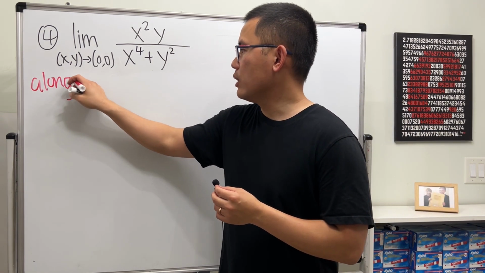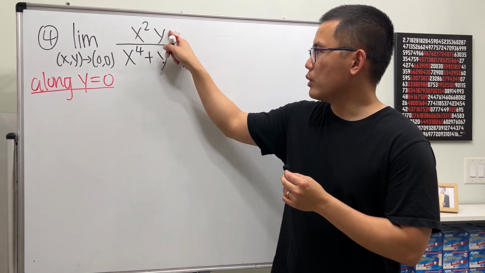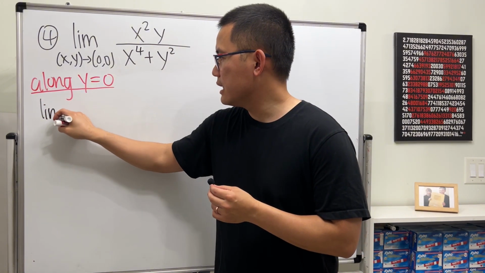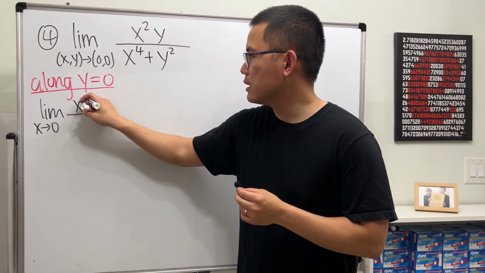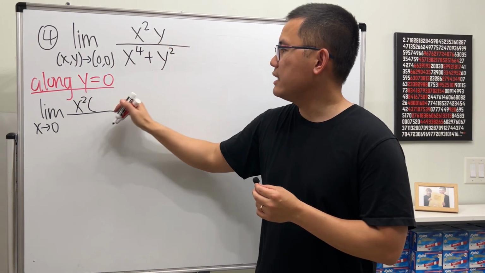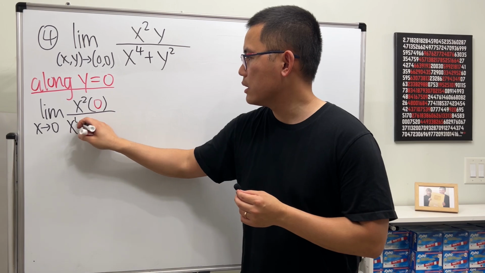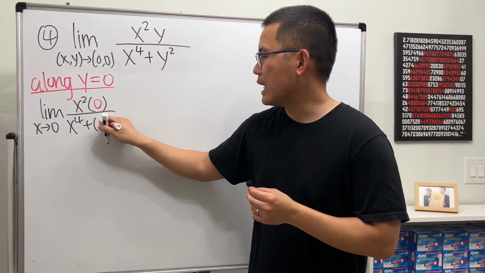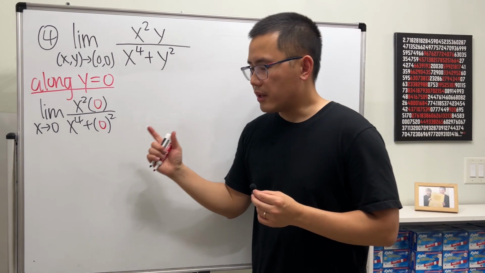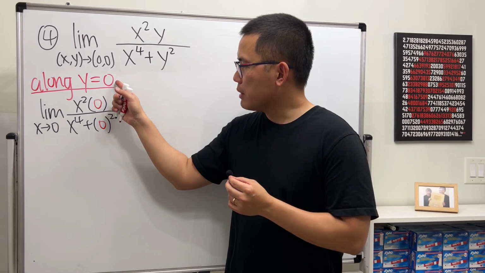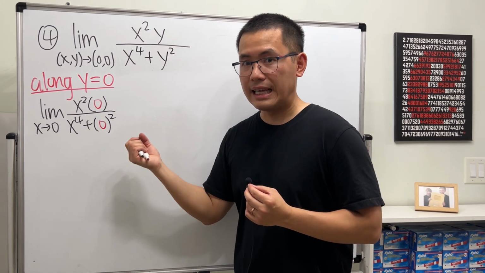First, let's go along y is equal to 0. In this case, we plug in 0 into the y first. So we get the limit as x approaching 0 of x squared, that stays, but the y is now 0, over x to the 4th power plus the y right now is 0, and then we raise that to the 2nd power. Here, keep this in mind. Once we plug in y is equal to 0 into here and here, we have to do this limit inside out.